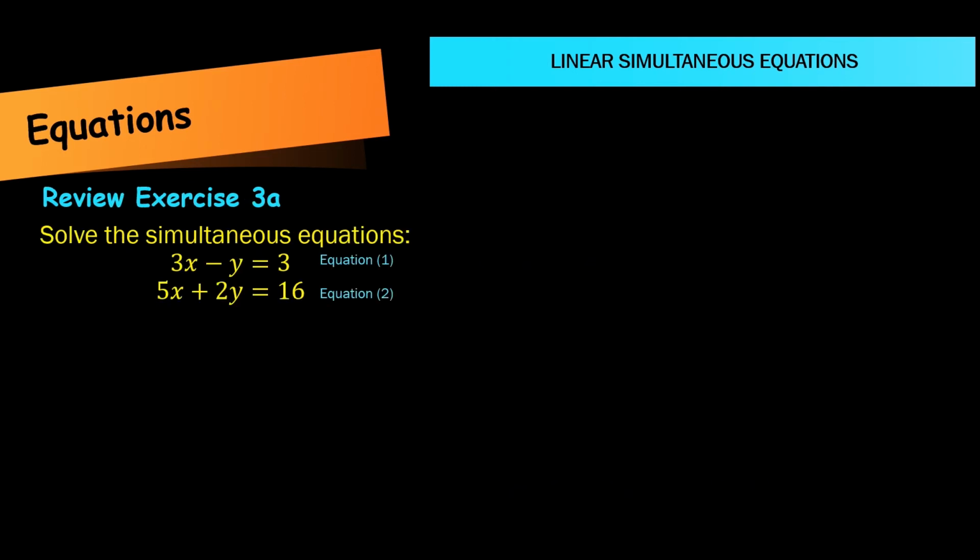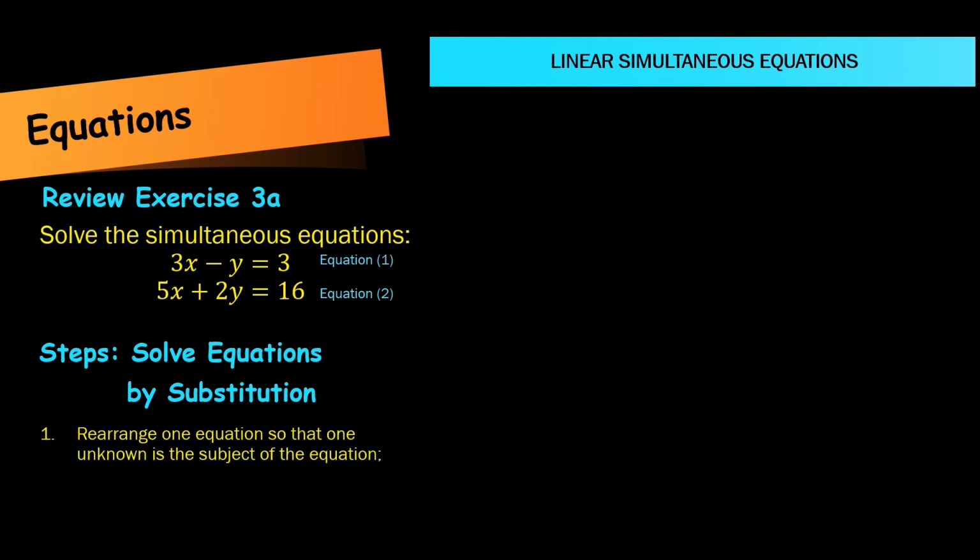And now for review exercise 3A. We are required to solve the simultaneous equations shown on your screen, which have been labelled equation 1 and equation 2. Let's take a look at the steps which are required to solve equations by substitution. First, rearrange one equation so that one unknown is the subject of the equation.